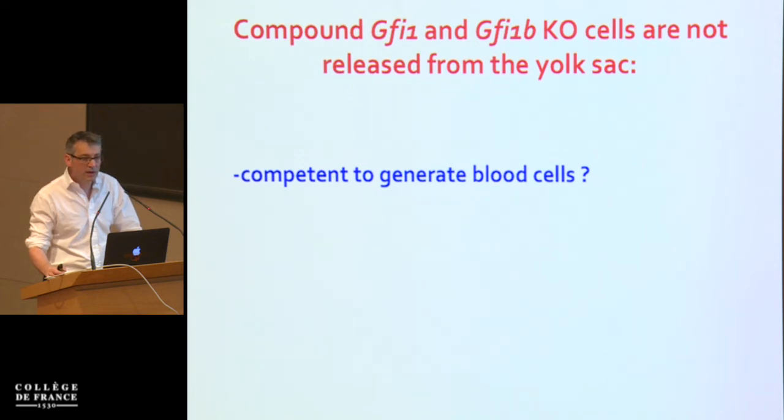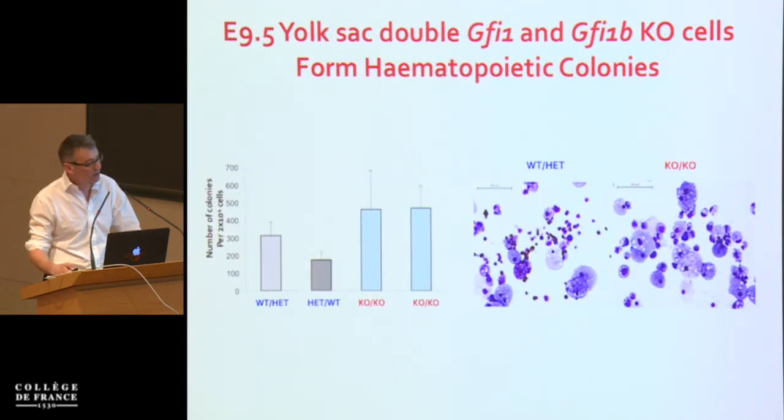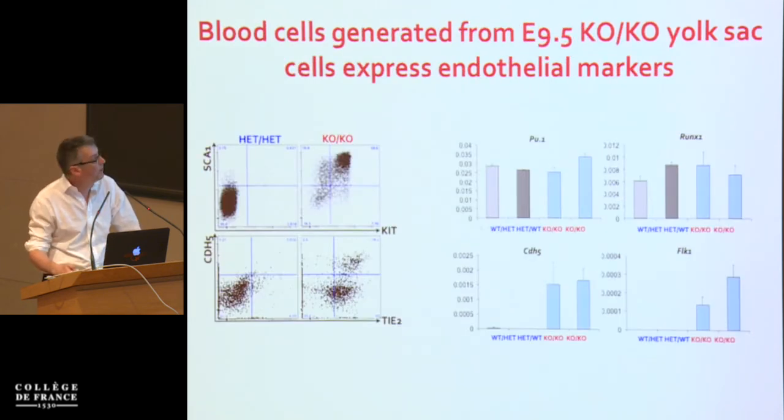So, okay, these cells cannot migrate. They're stuck in the yolk sac, but are they competent blood cells? Did they become competent blood cells? What we can do is take this E9.5 yolk sac, trypsinize these cells and replate them in blood cell assays. When we do this, we're able to show that these cells can generate blood cell colonies. Of course, we're not getting megakaryocytes and erythrocytes in these colonies because we know there is a defect in the development of these cells, but we're getting hematopoietic colonies.